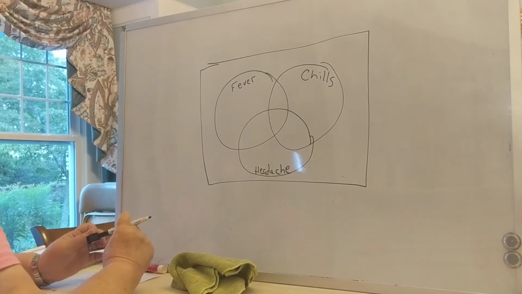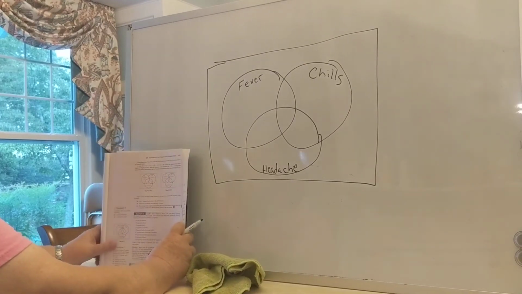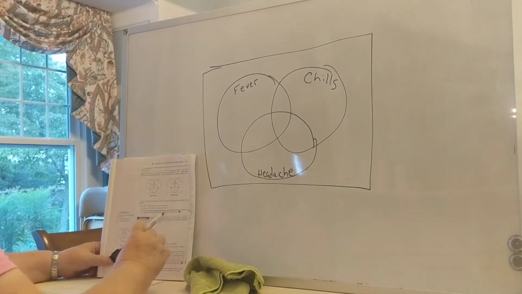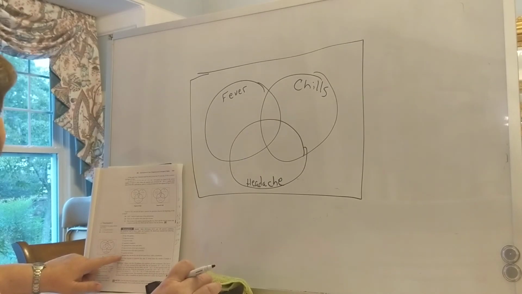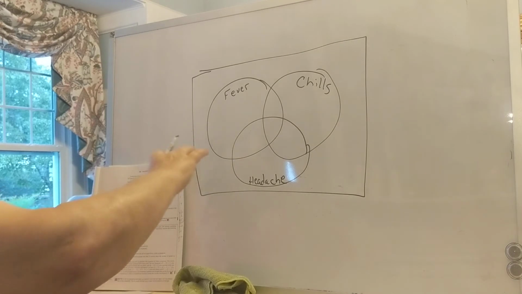All right, and it gives you all these clues. Now, I'm not going to read them. You can see them. 74 had a fever. 72 had chills, such and such. So I'm going to tell you where to start. Start with all and none. So if I go down to the bottom, I see that 35 people reported that they had all three symptoms.